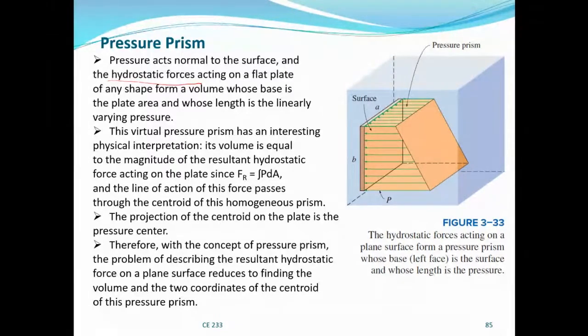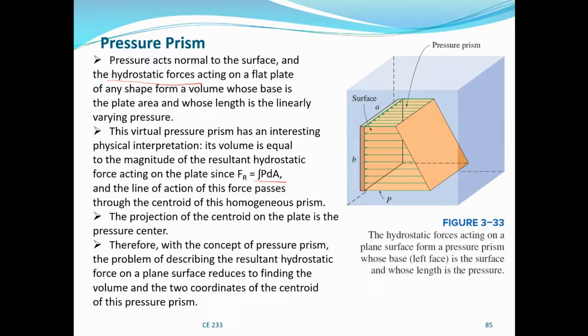It is equal to the magnitude of the resultant hydrostatic force, because we integrate to find the resultant hydrostatic force, the integral of P dA. From here to here, this is the pressure, and this is the area. So when you multiply the area by the pressure acting, you get the total volume, and integrate it over the area.